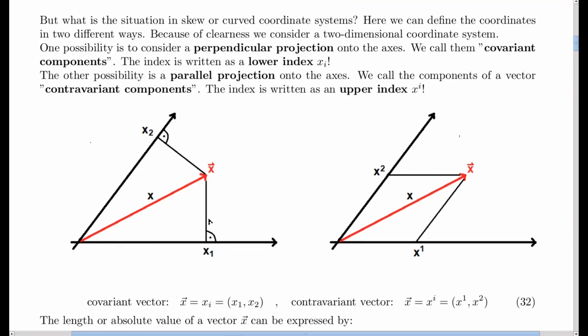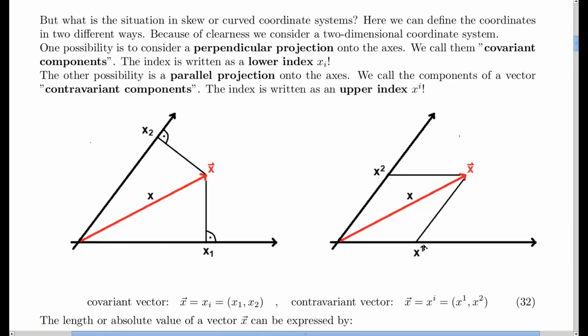And now this is very important. If we make this projection with the rectangle to the axis, then we write the index as a lower index, and we call them covariant coordinates, or components.